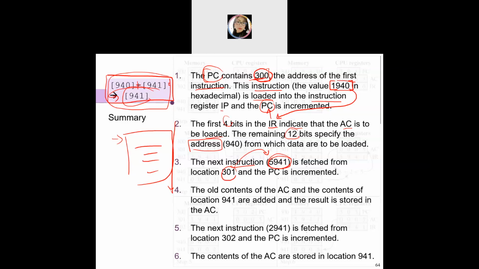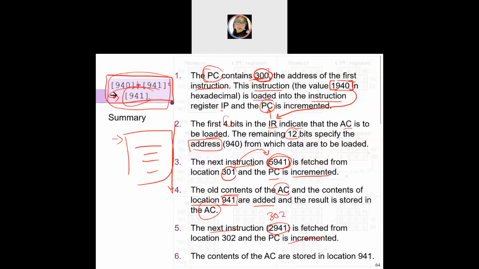And again, your PC will increase. The content of AC with the 941, just now the value, you're going to add and store it back. The next instruction will be 294 at 302.